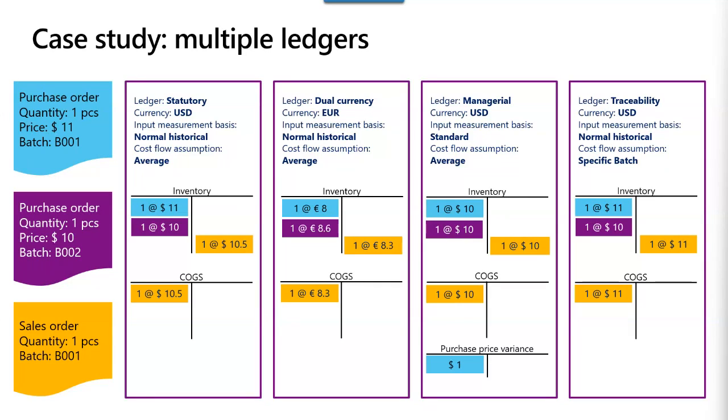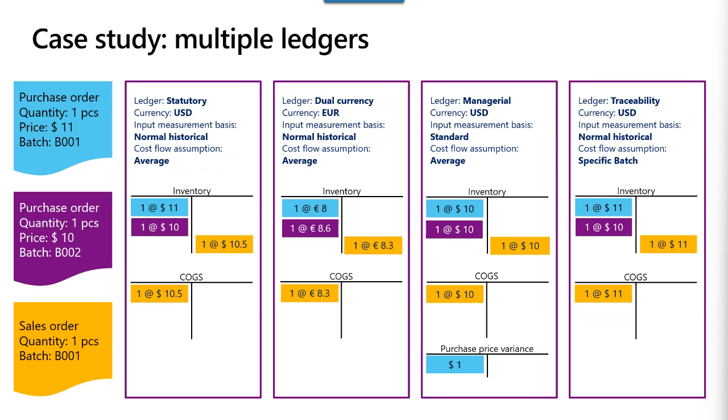In our third ledger, we issue at $10, which again is our standard cost. On the fourth transaction, we cost the transaction at $11, which is the value we recorded for batch B001 on the purchase transaction. As we can see, global inventory accounting allows us to view the same set of transactions costed 4 different ways as a result of the different ledger configurations.